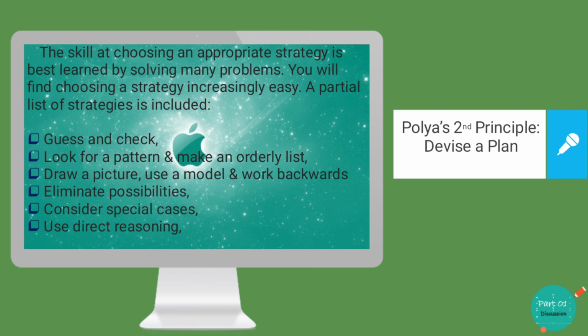You may use any of these given strategies: guess and check, look for a pattern, make an orderly list, draw a picture, use a model or a diagram, work backwards, eliminate possibilities, consider special cases, or use direct reasoning.